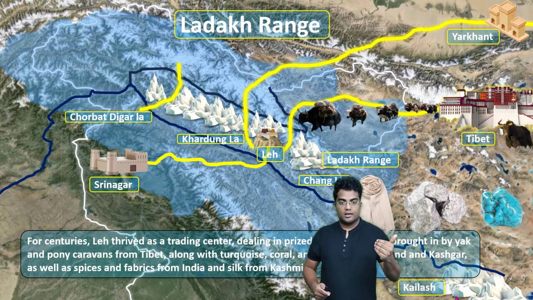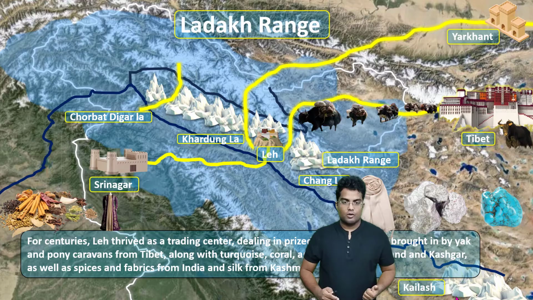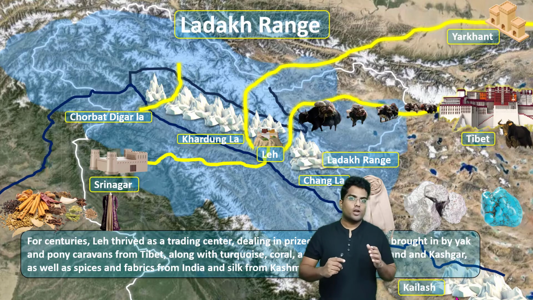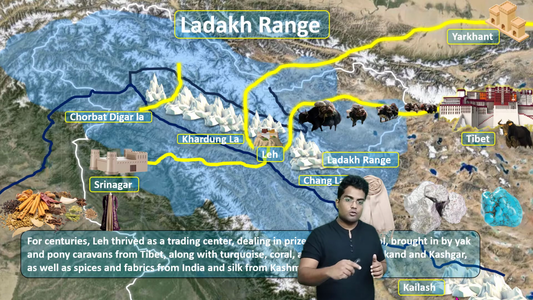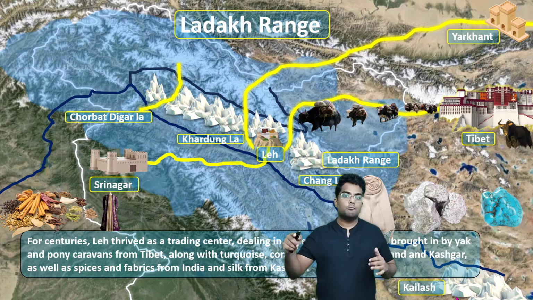And from Srinagar, Leh used to receive Indian spices and some clothes. So Leh was a center where goods from Srinagar also came, and also the goods from Yarkand and Tibet.